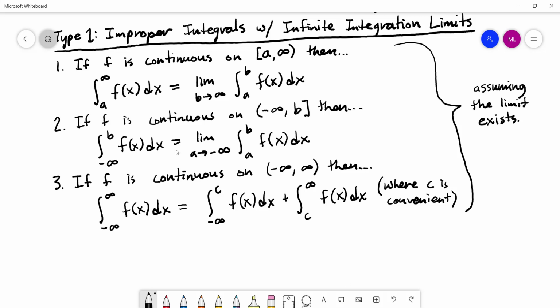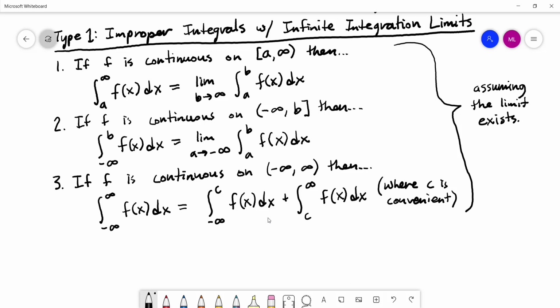And that tells you essentially that the area is infinite, that the integral doesn't converge to a finite number. So that's kind of the idea. In these top two, if the limit exists, then the improper integral converges. And if it doesn't exist, then the improper integral diverges.